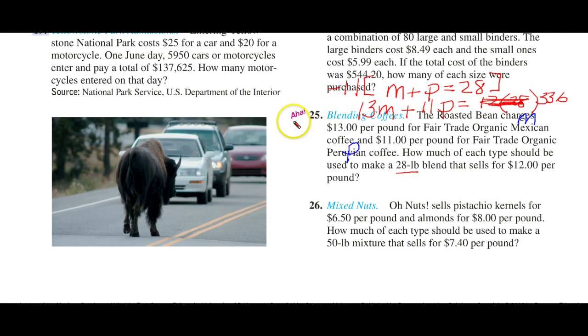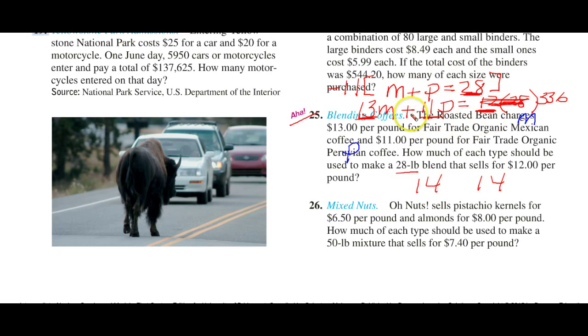Now you might say, why is this an aha? Well, because can you see, if you're going to have 28 pounds and this one's 13 and this one's 11, and you want something right in the middle, your answer actually is you're going to need 14 pounds of each type.